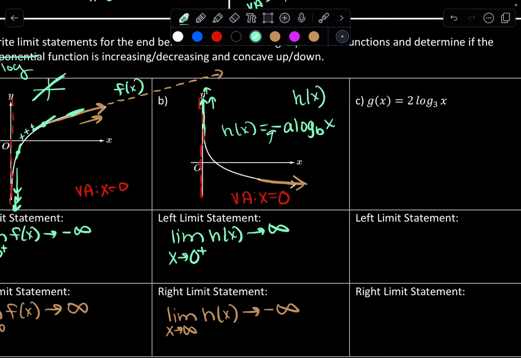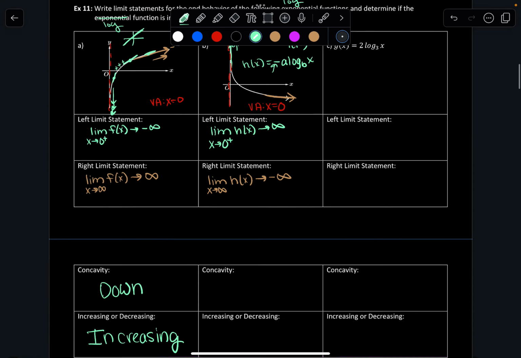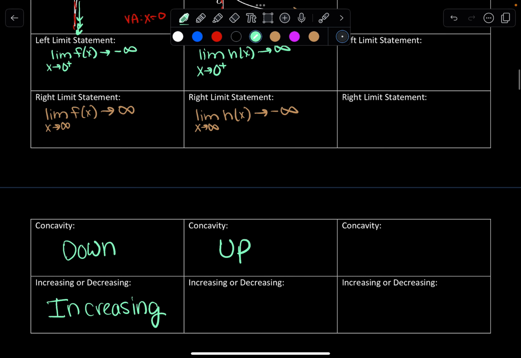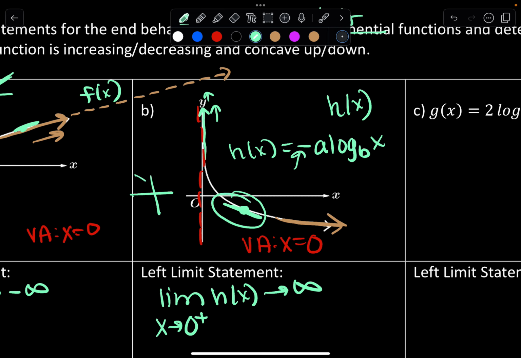And I can tell because we have that vertical reflection. Because of that reflection, it is now concave up, and the function is decreasing. So if I ever want to check, I can draw a little line, I can see that if I were to draw this as a linear function, this little slope line, it would be going down, which means the slope would be negative. Therefore, the function is decreasing.